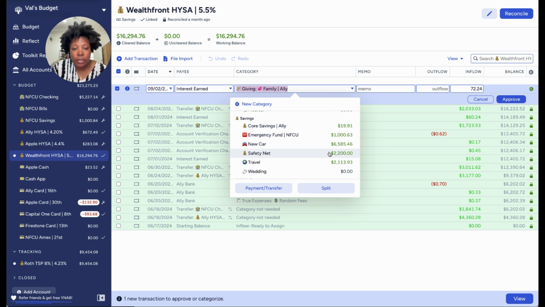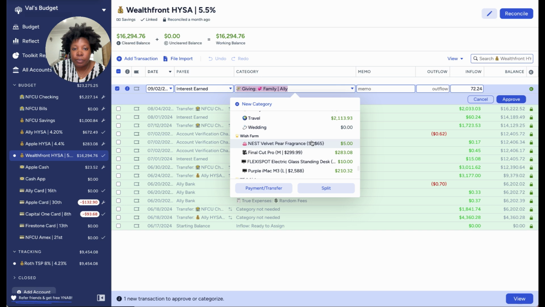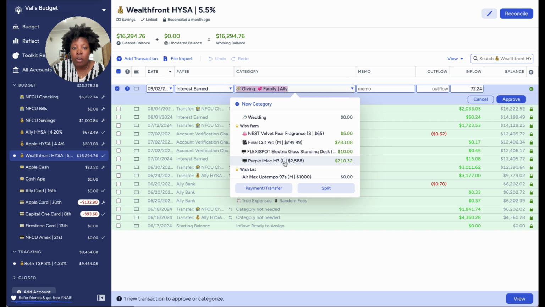I haven't moved it yet, but I think I put them all in the gift, my wish farm, going towards my iMac. For all of my interest earned is going towards the iMac.